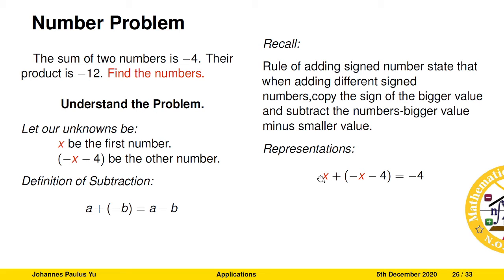Since we represent the value as x, the left-hand side of the equation must be -4. If x is the first number, then the other number, after releasing the grouping symbol using the definition of subtraction, x minus x becomes 0, and what remains is -4.